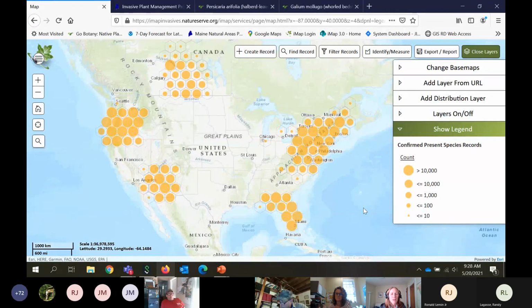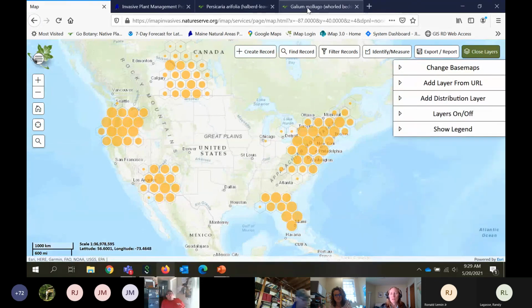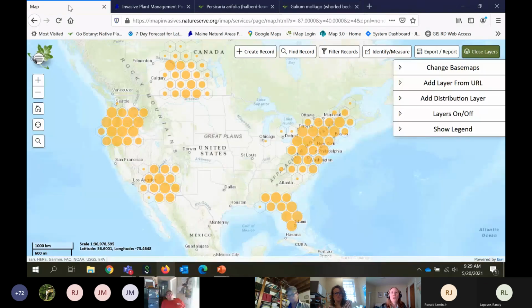As a heads up, I'm going to be coming into boot camp here in a minute to talk about more functions of iMapInvasives, and we'll go over how you search for a specific species to see its distribution. If I have time, I'll go over how we add a distribution layer, which sort of mimics the layout of Go Botany, which shows you the counties. So stay tuned for that.